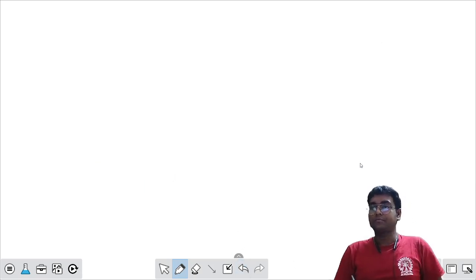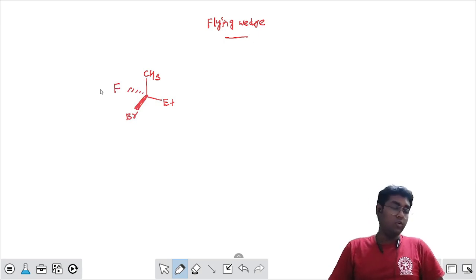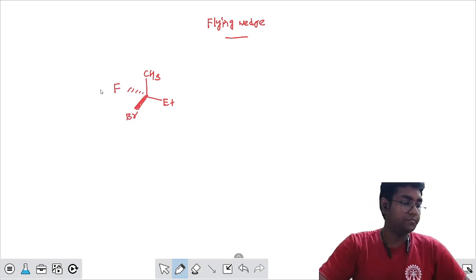So let's learn about the representations. First of all, let's see the flying wedge representation and try to interconvert between the flying wedge and the Fischer one. So let's take a molecule in a three-dimensional way. So CH3 and ethyl are on the plane. Fine. This is the wedge, so this is above the plane, and this is the dash, so this is below the plane. Now let's try to look at this tetrahedral very carefully.